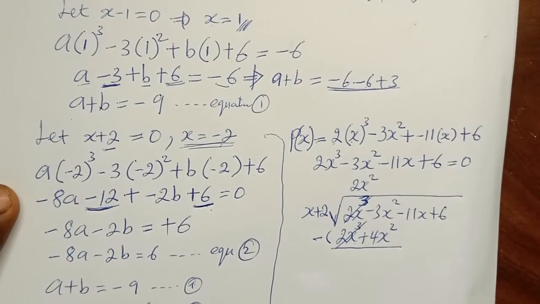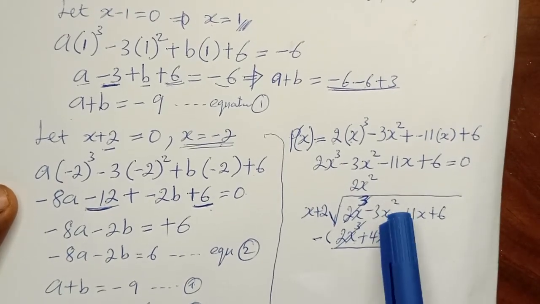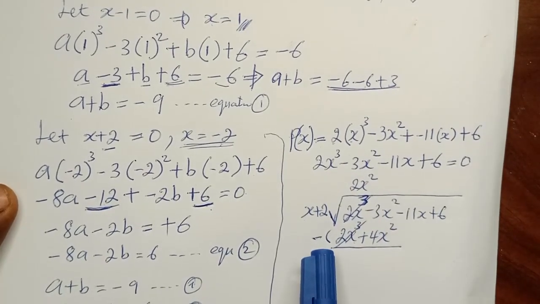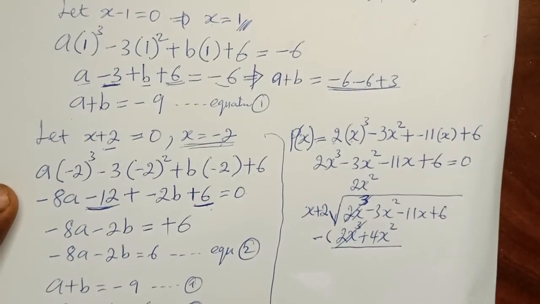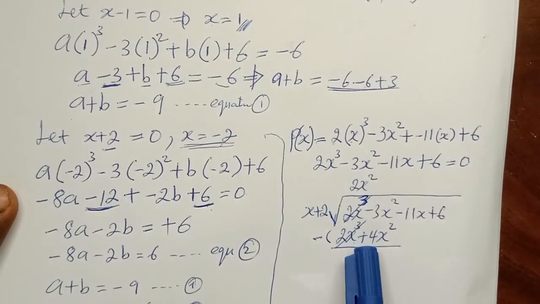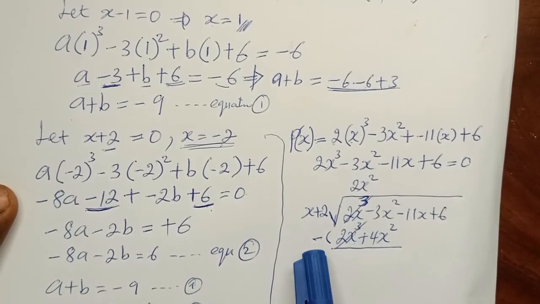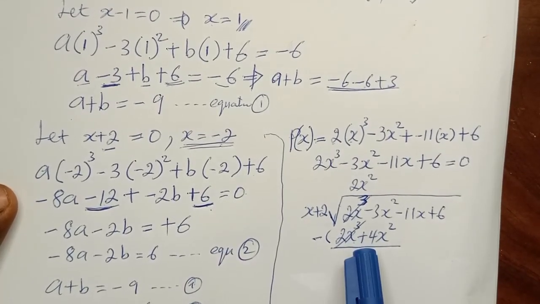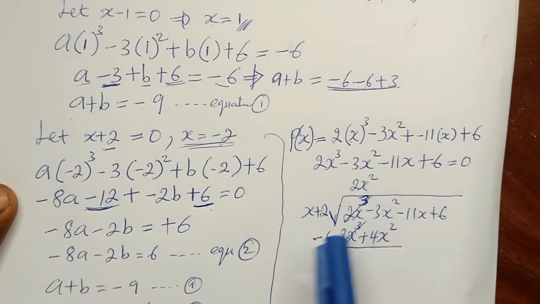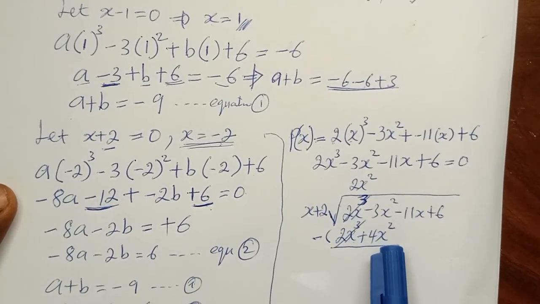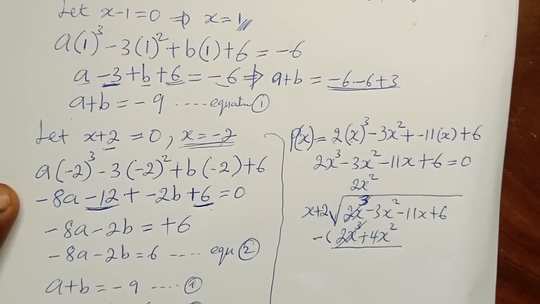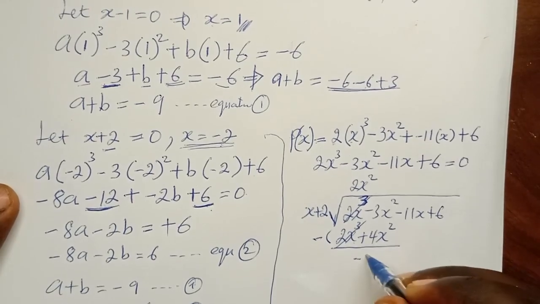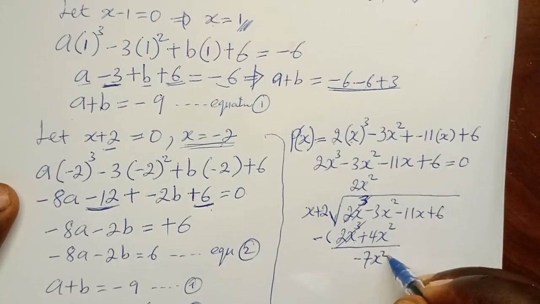Of course, minus 3x squared minus plus 4x squared. Note that there is a plus sign here, and when we take the minus and multiply by the plus, we have minus. So minus 3x squared minus 4x squared gives us minus 7x squared.